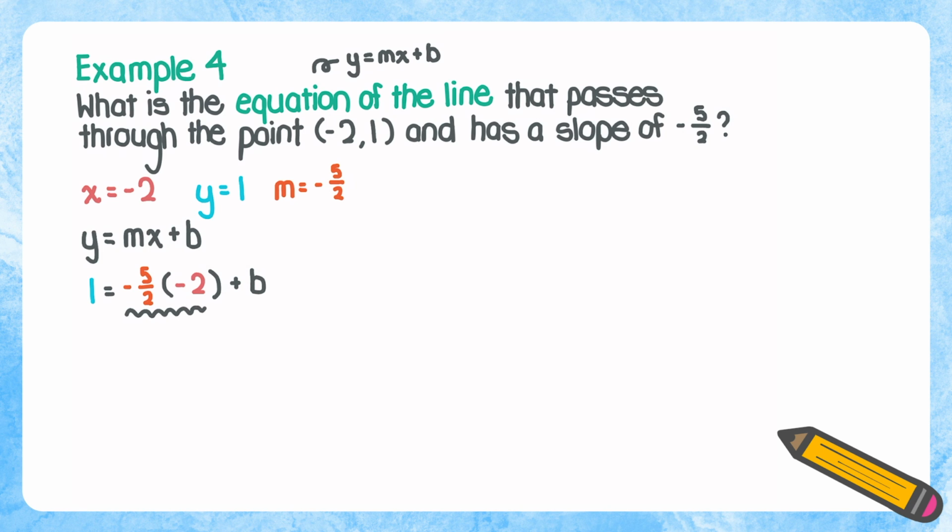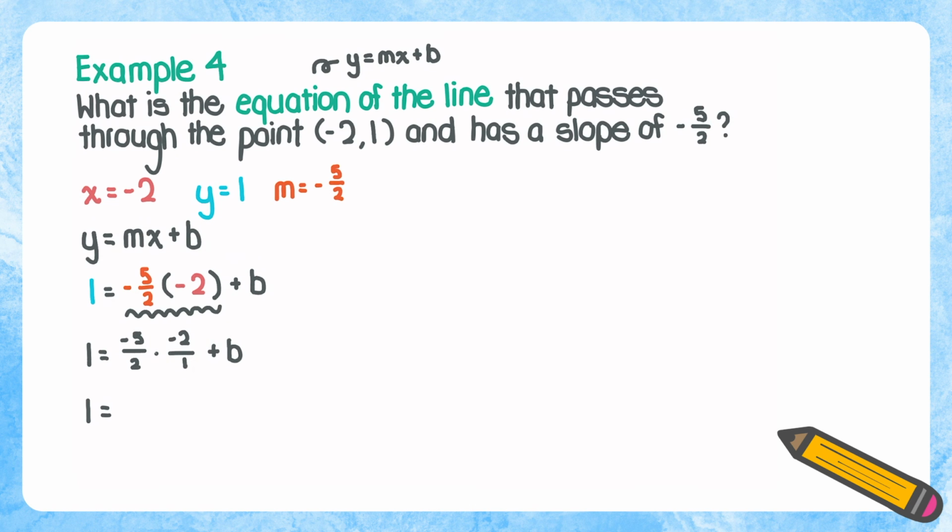First, let's multiply negative 5 over 2 times negative 2, but I'm going to rewrite it. So negative 5 over 2 times negative 2 over 1. Notice I just left the negative signs with the numerator.